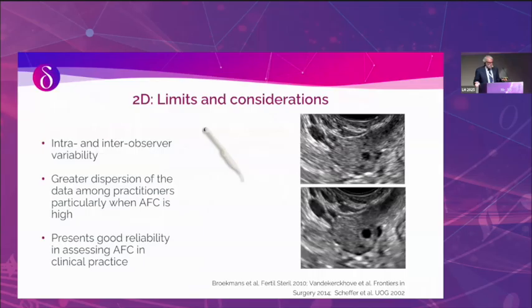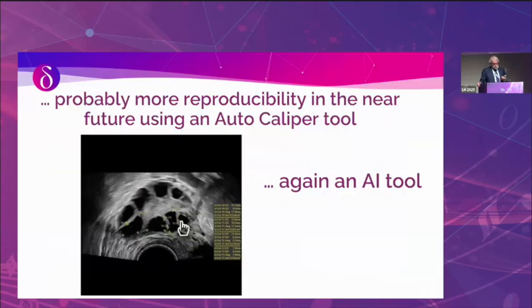Okay, there are some limits in our approach. The learning curve is not so difficult, but probably you can use these new tools. It's recently released, the AutoCaliper tool. You just click with this small tool and you can check, in a few seconds, the capacity of your machine.